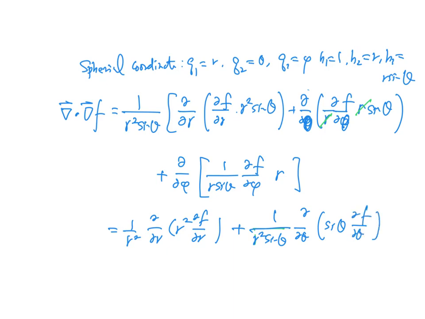Here r cancels each other and sine theta can be put out, so it becomes 1 over r square sine square theta, partial phi square, partial square f.